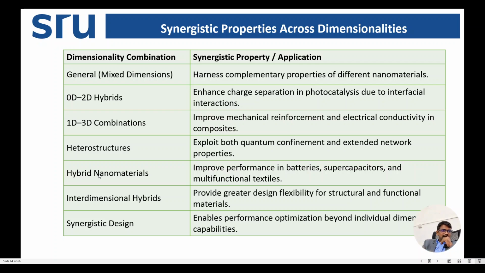For example, in my research previously, I prepared a core shell nanostructure. The core is a nano rod, that is a 1D material, and the quantum dot is a 0D material. So I have made a 0D, 1D nano composite, which has some advantages.